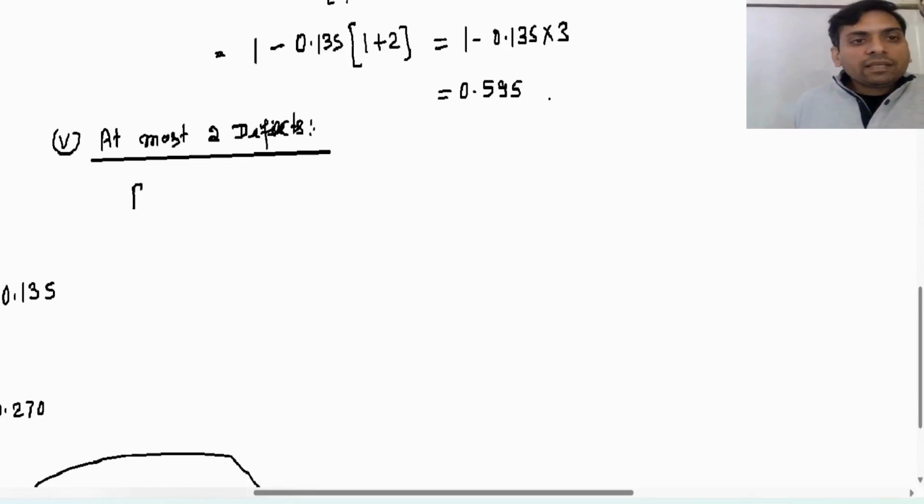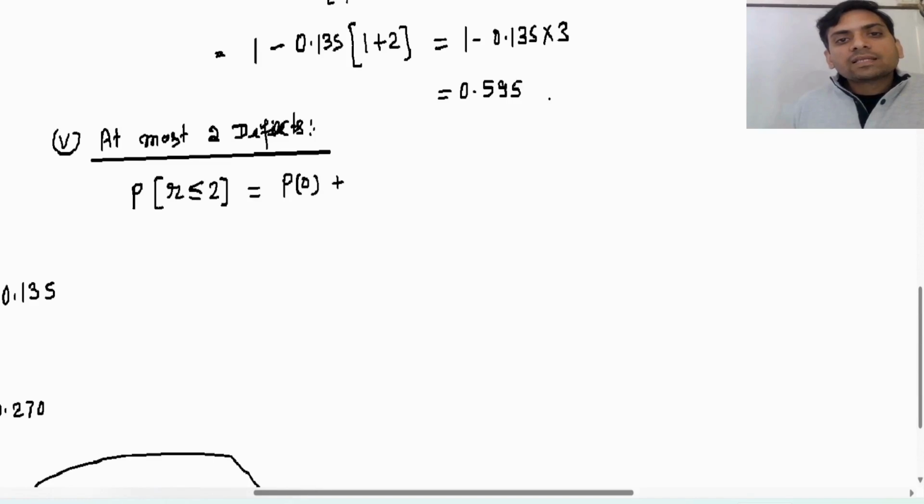So probability for at most means maximum 2. This means R is less than or equal to 2, either 2 or 1 or 0. So you can write this as probability of 0 defects plus probability of 1 defect plus probability of 2 defects. Clear? For these types of cases, you will write the formula for all.